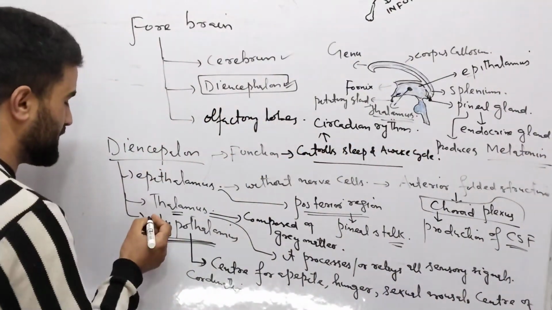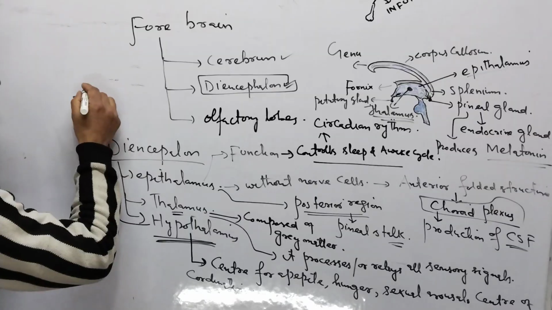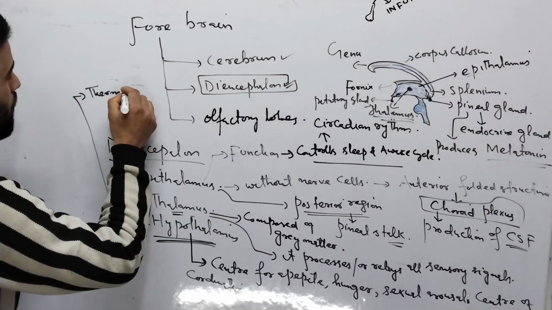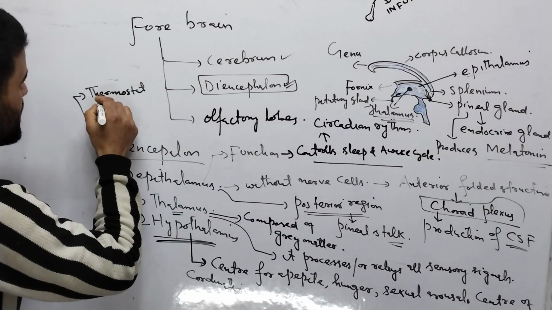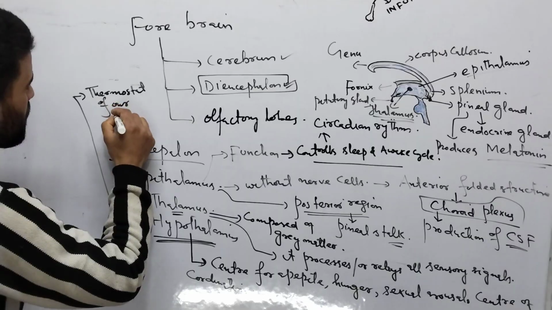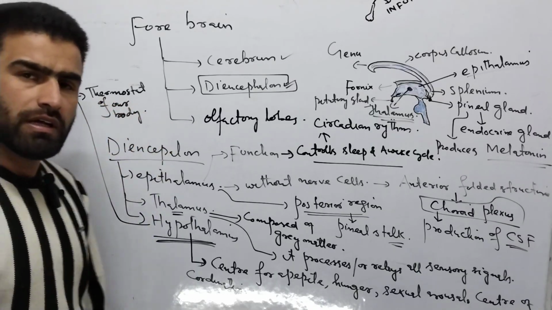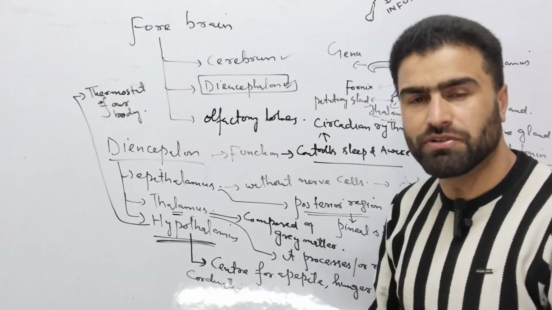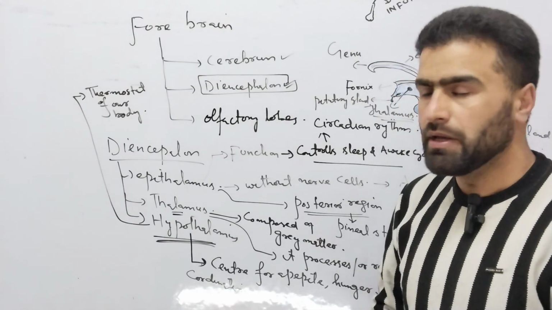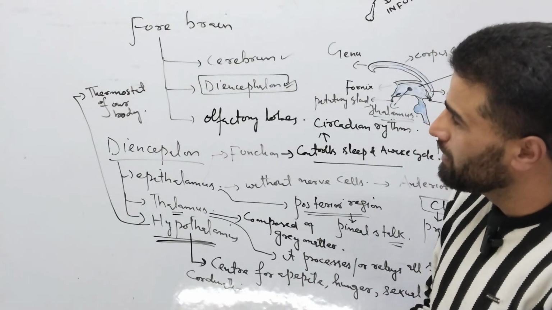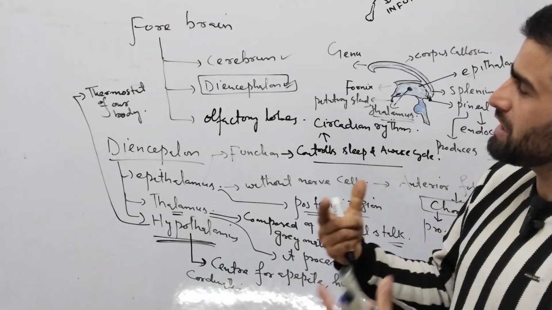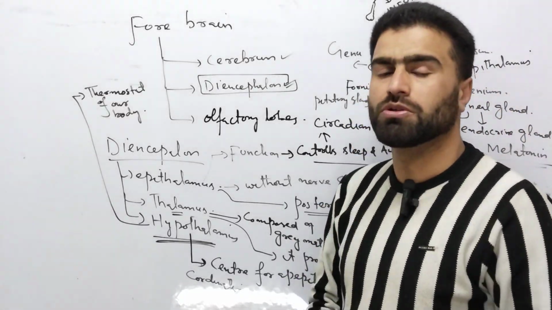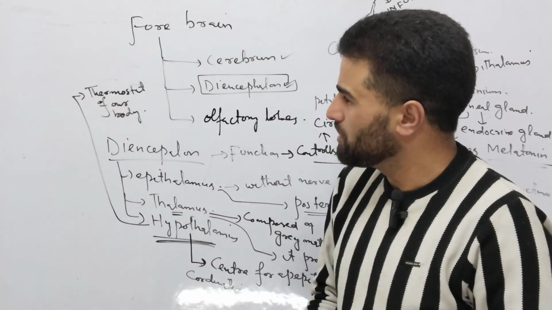This hypothalamus acts as a thermostat of our body. The normal regulation of our body temperature, that is 37 degrees Celsius. It gives a sense of regulation or homeostasis, how our body is going to maintain this temperature here.